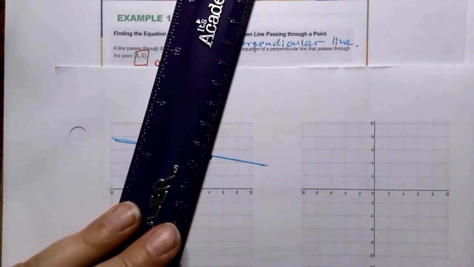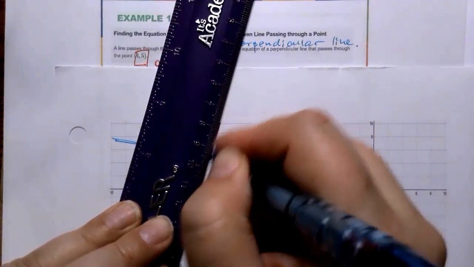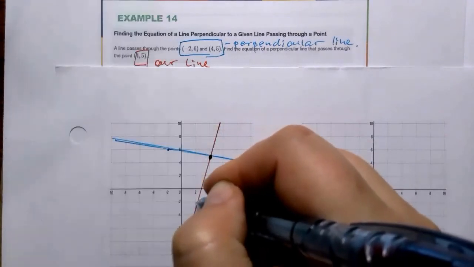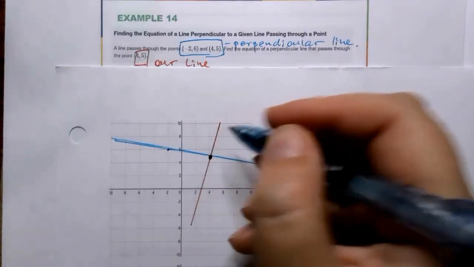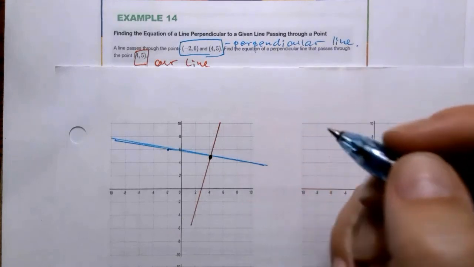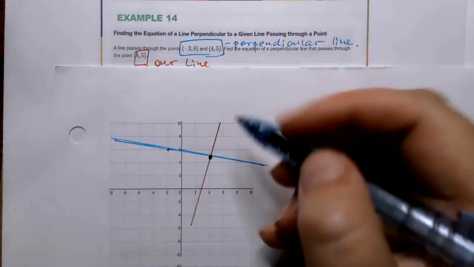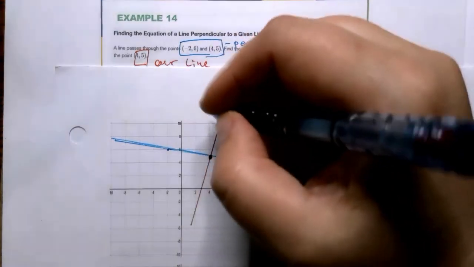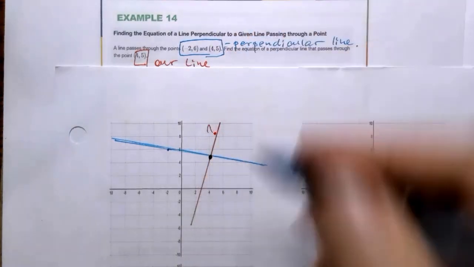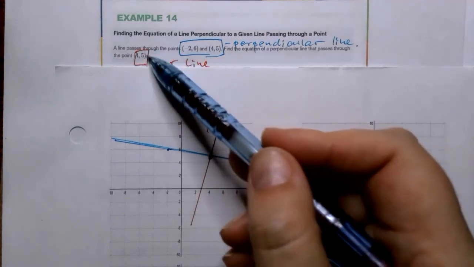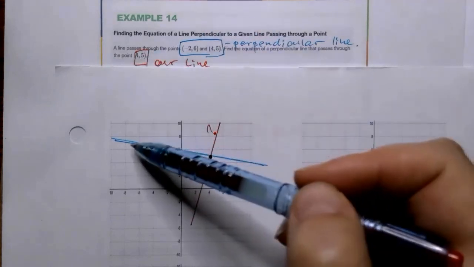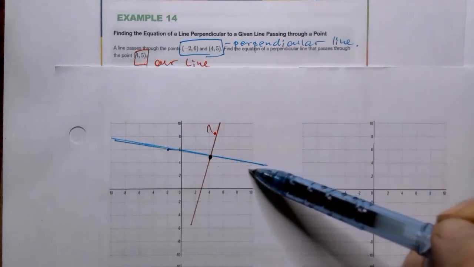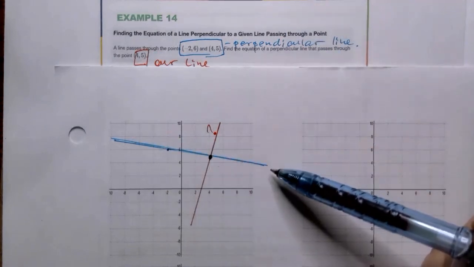All right. But it doesn't have to be. Sometimes they give you a point somewhere here and you have to find the line perpendicular through that point. So it's not always on the line. But the point is, this is the line that we're looking for. Okay. That's where this point is. But the blue one is the line that's given. So this is kind of a reference line, right?